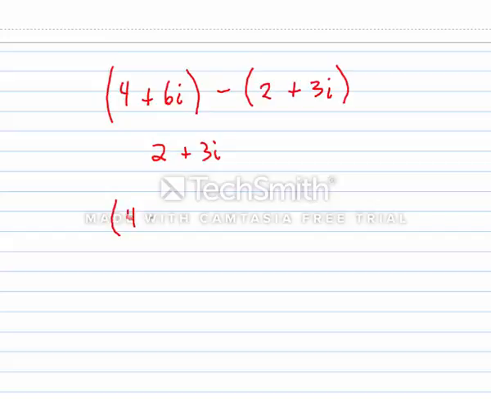Say we had 4 plus 6i, and we subtracted off 3 minus 4i. Well, 4 minus 3 is 1. That's the real part. And the imaginary part is 6i minus a negative 4i. Well, minus a negative is positive, so it would be plus 10i.